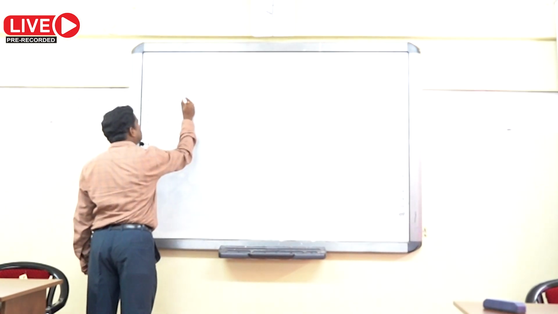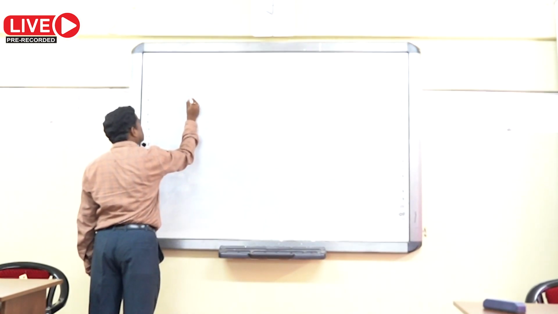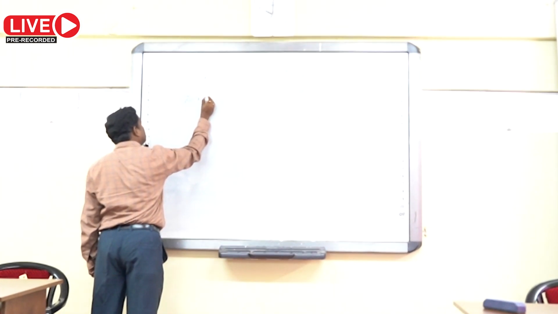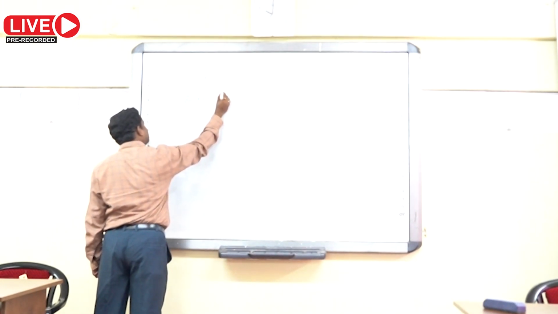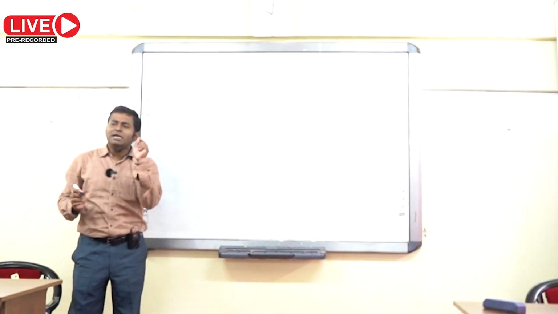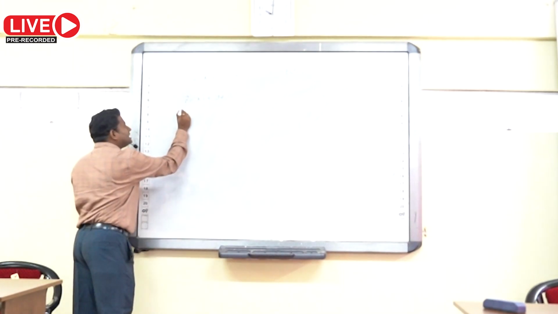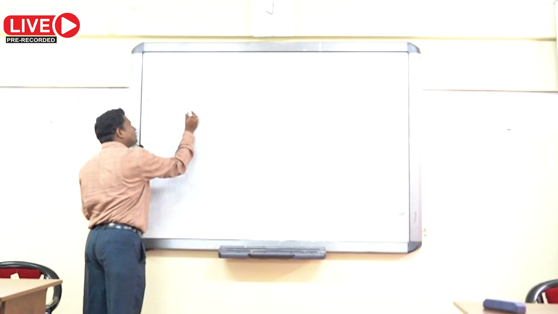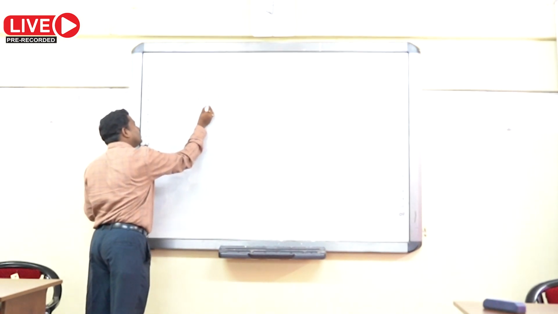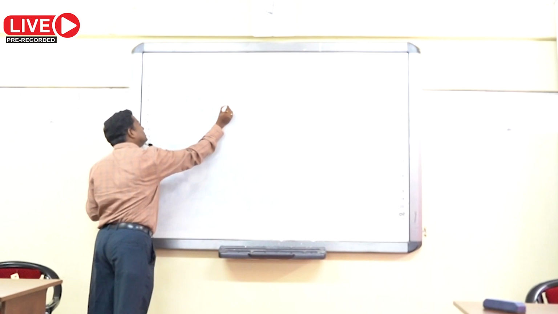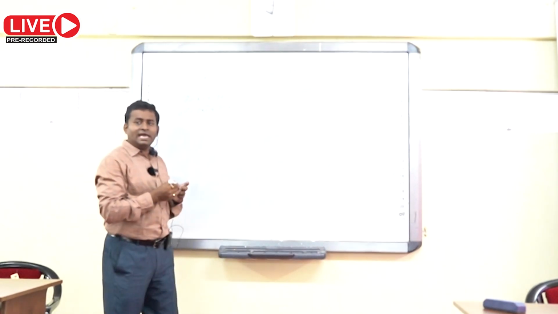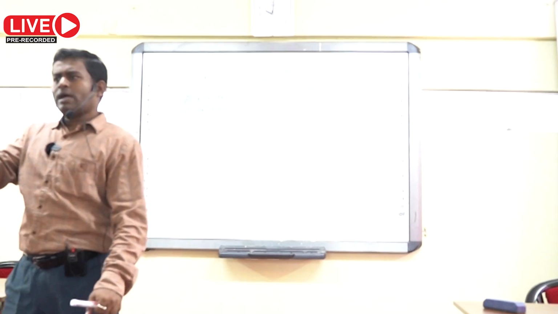Now normally we write the position vector as r equal to x i cap plus y j cap. Now what will be the elemental or differential position vector? I can write here dr equal to dx i cap plus dy j cap, because if x is very small, dx, y is also very small, then their resultant is dr.